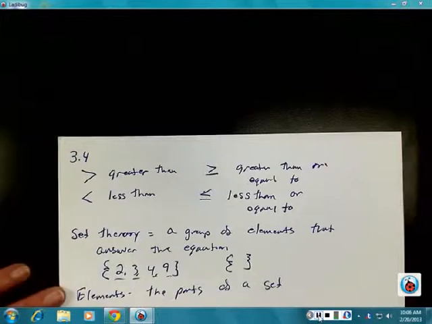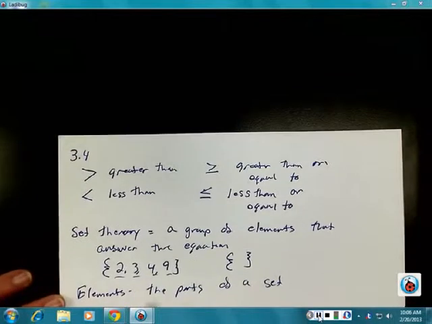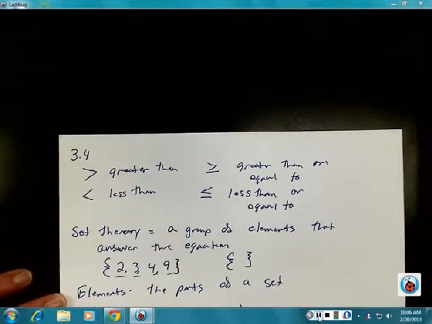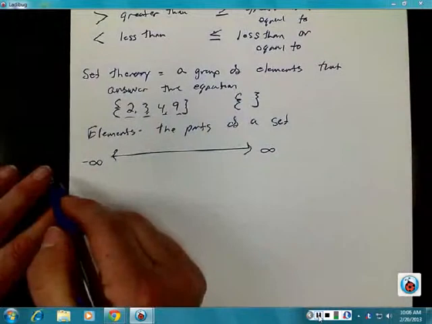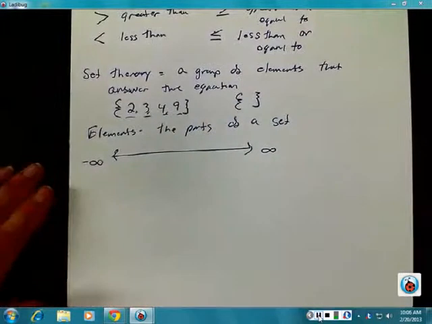Now the other thing that we have in here is if you have a number line, at the tail end of each number line there is infinity. There's a negative infinity if I head in this direction on my number line, and a positive infinity if I head in the other direction.